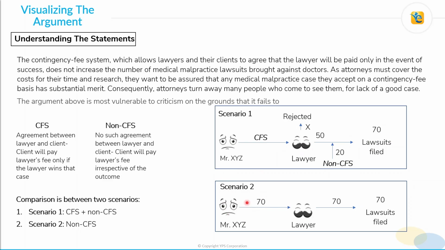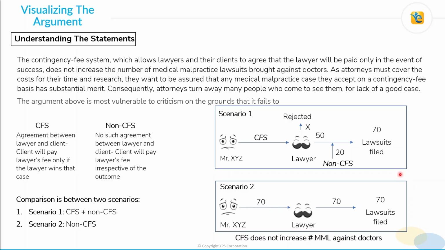The second scenario is one in which Mr. XYZ again had that issue, but now the option for CFS does not exist. Now 70 such cases were brought to the lawyer and 70 were accepted. So as per the conclusion, CFS, scenario 1 basically, does not increase the medical malpractice lawsuits brought against doctors.